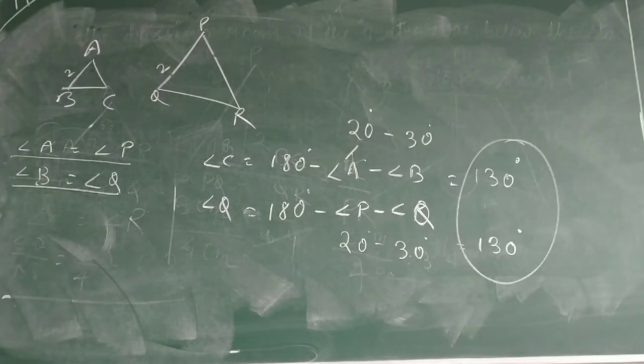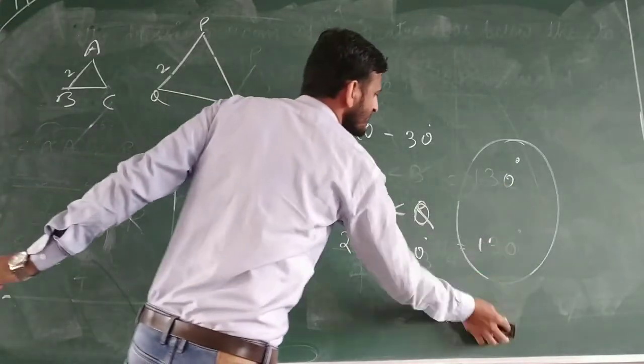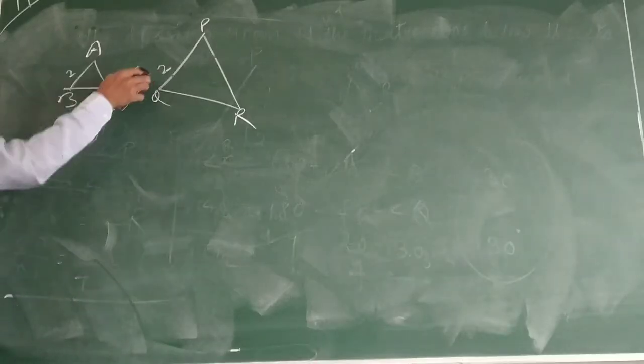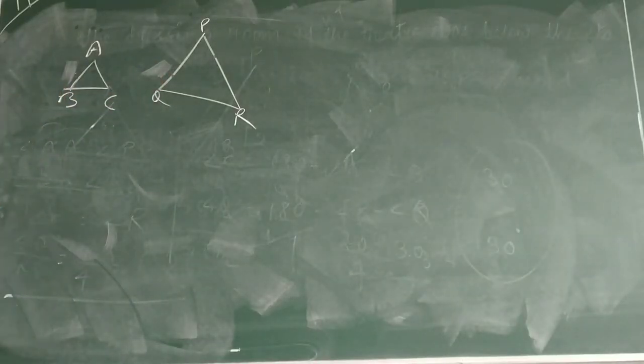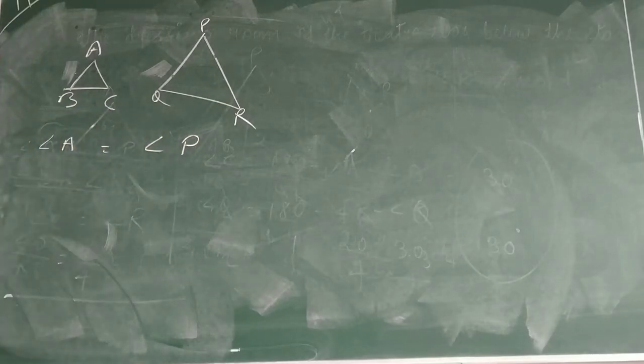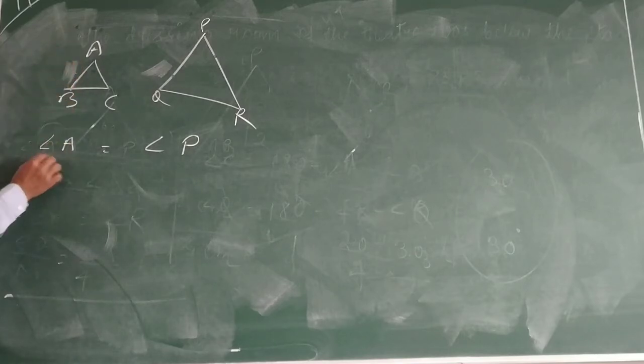If two triangles have an angle, let us take two triangles. Suppose these are two triangles. If these two triangles have an equal angle, suppose angle A is equal to angle P, and the sides corresponding to this angle, what are the sides?